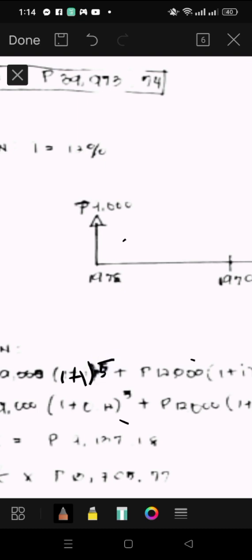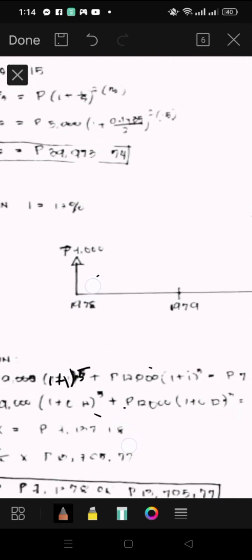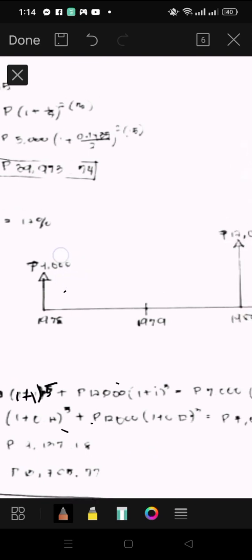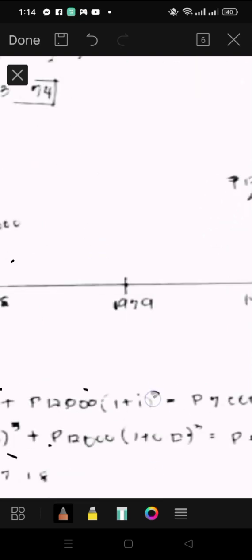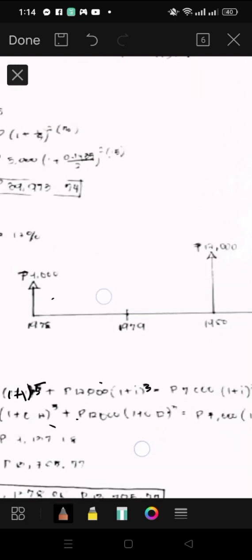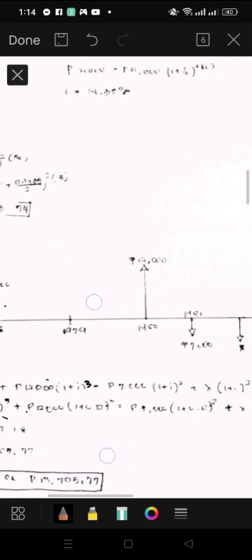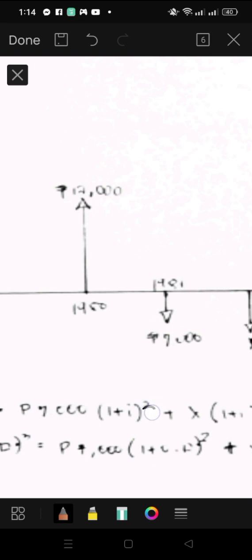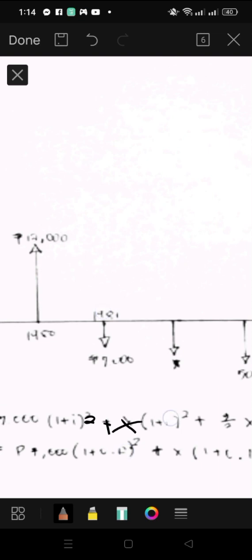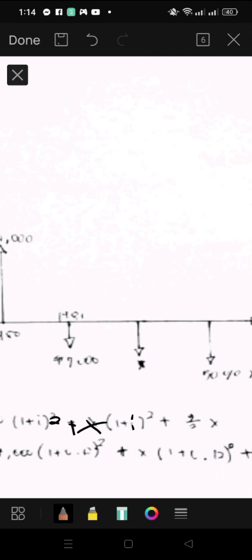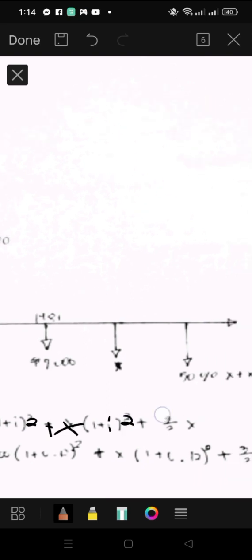So 5P is multiplied by quantity 1 plus i raised to the power of 3. Then next, P is equal to quantity 1 plus i raised to the power of 2 plus x, the unknown, then 1 plus i raised to the power of 5/2.